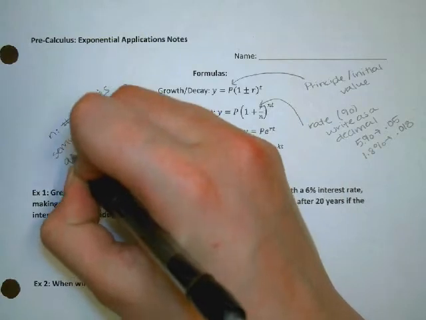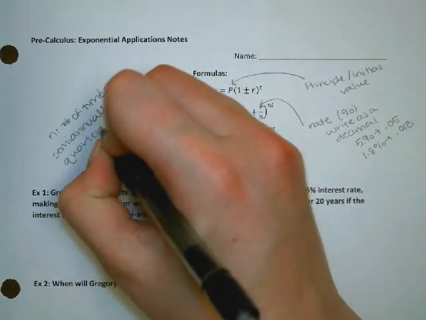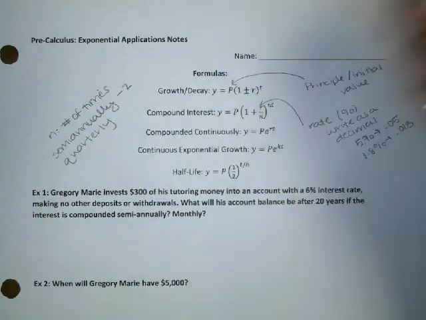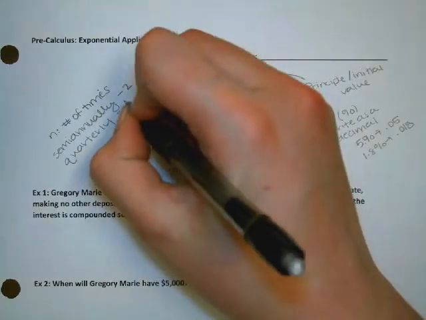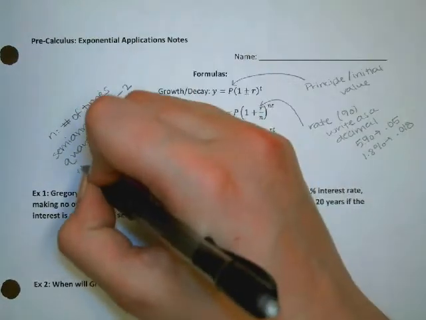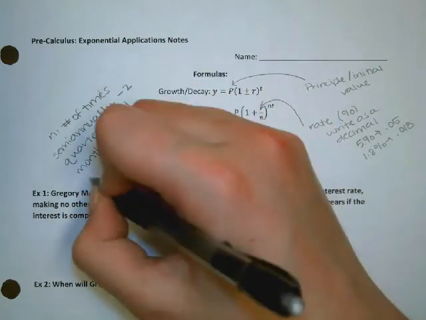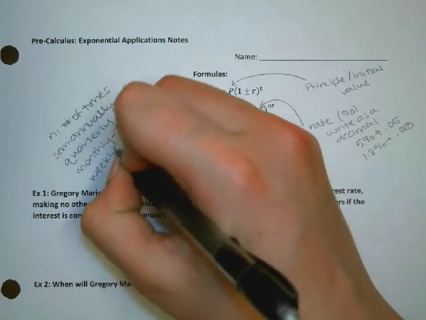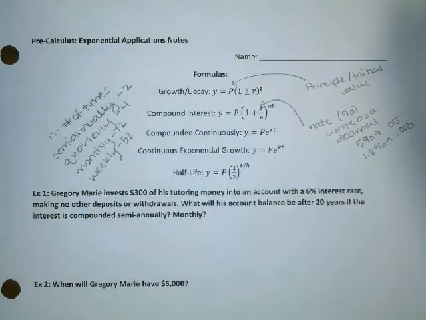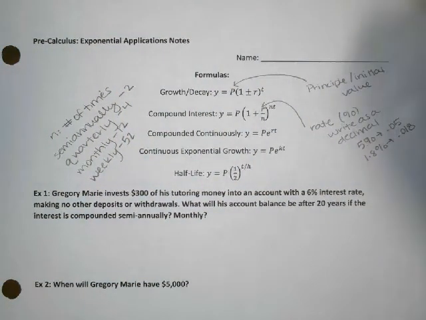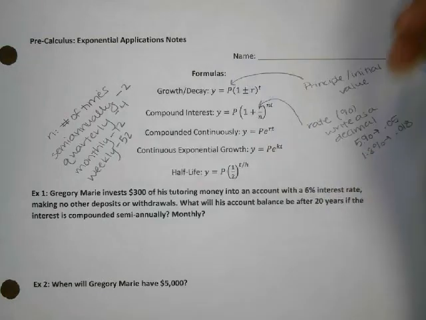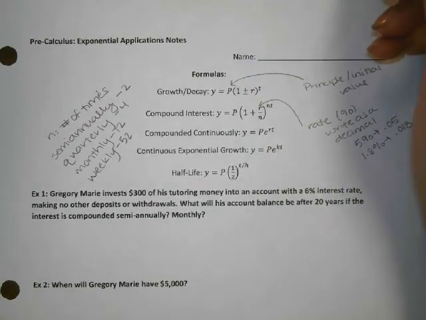If they said it happens quarterly, you would think 4 quarters make a whole, so that'd be 4 times a year. If they said monthly, that'd be 12. If they said weekly, that'd be 52. Daily would be 365, that sort of thing. So it's based on the number of times they say in the problem.